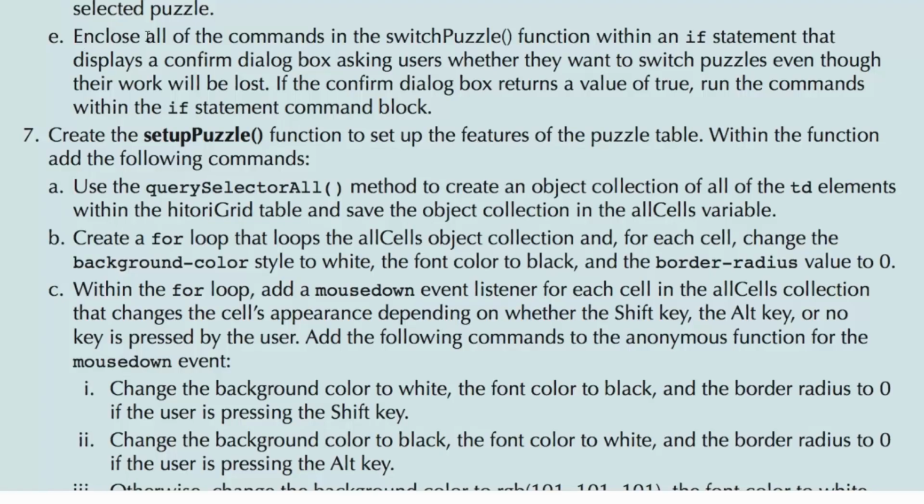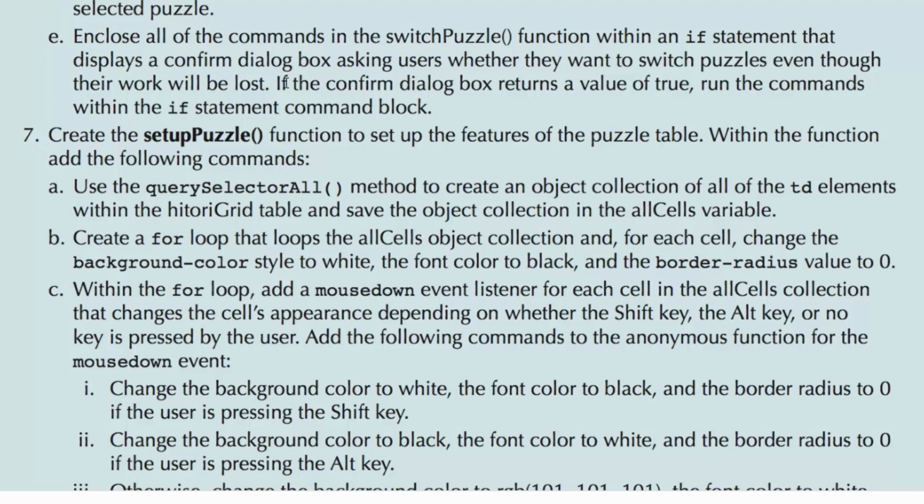So in 6E now, we'll enclose all of the commands in the switchPuzzle function within an if statement that displays a confirm dialog box asking the users whether they want to switch puzzles even though their work will be lost. So in other words, if they click another button once the puzzle's been drawn, we want to make sure that they are doing that intentionally and didn't click another puzzle number button by mistake.